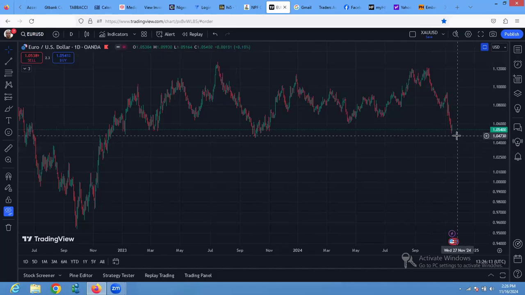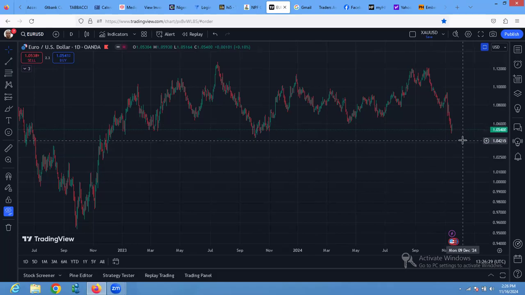We may correct, and if we see an impulse from this area, we have to be very careful. We may just see a correction to the upside without breaking the primary fall created around this area. Then we fall more to around 1.03850, around this area.